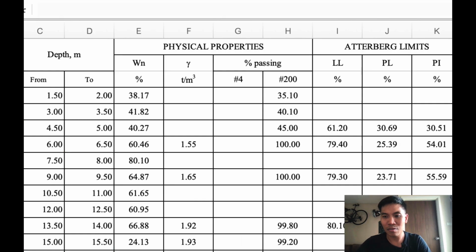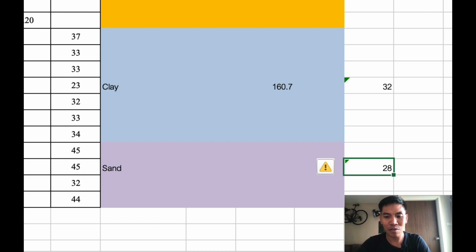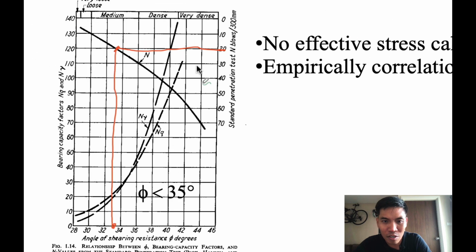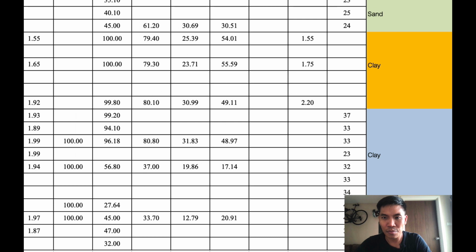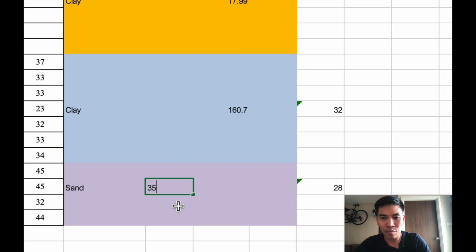N correct is about 28. So if we go to 28 on our graph, 28 is something like this. It's going to be the green one. 28 should give around 35. Okay, it's quite straightforward to do this.